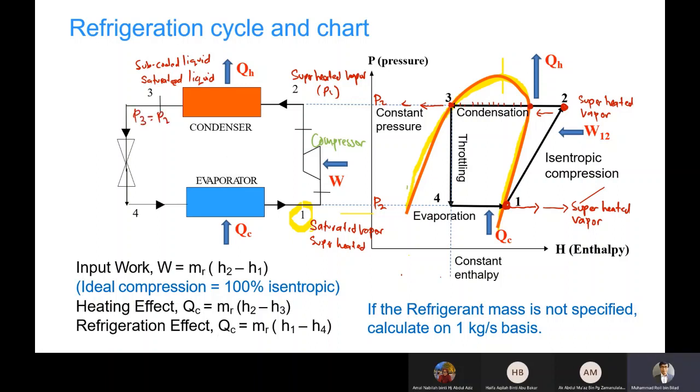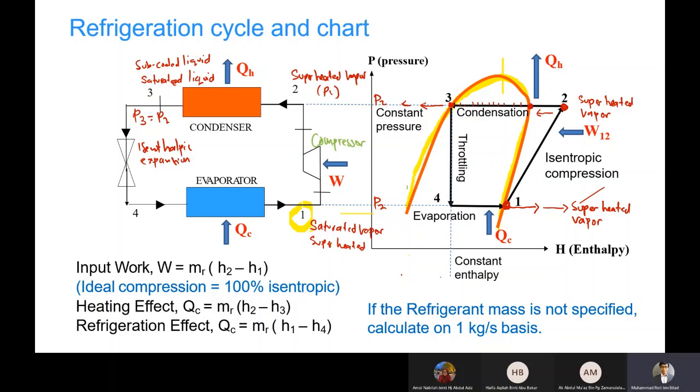What is done next is using a throttle valve, basically sudden expansion. This one we call isenthalpic expansion, because the enthalpy is constant from point 3 to point 4.